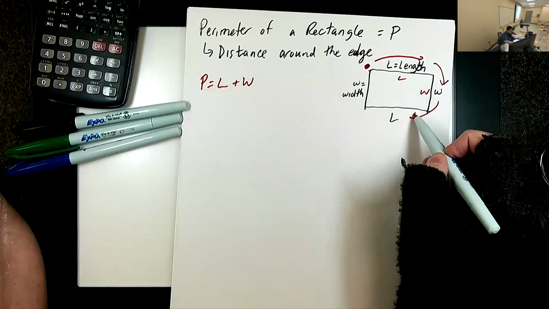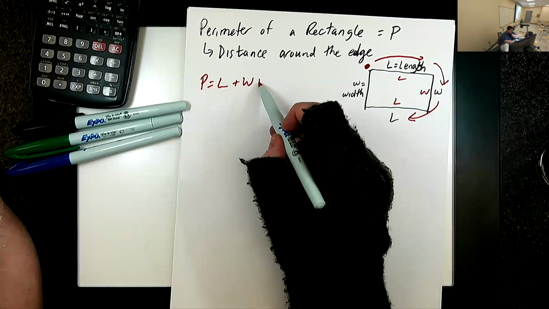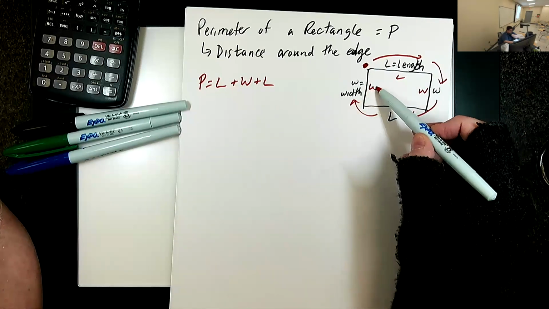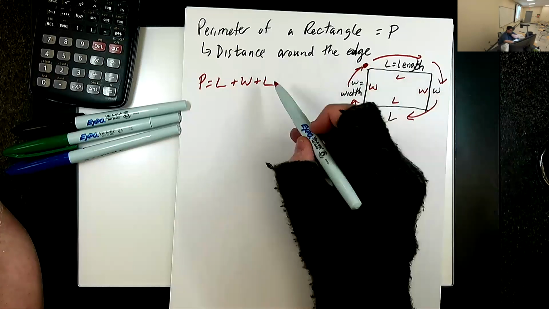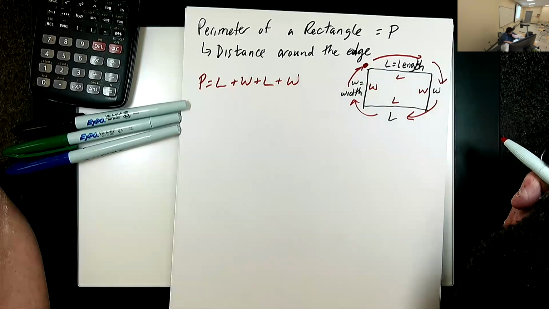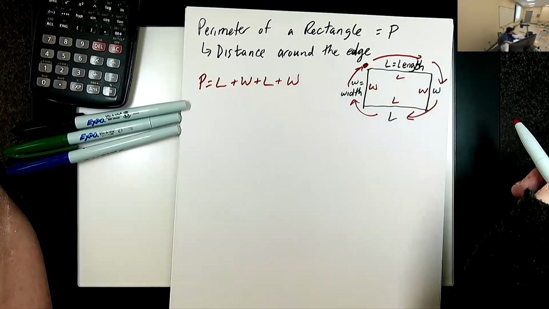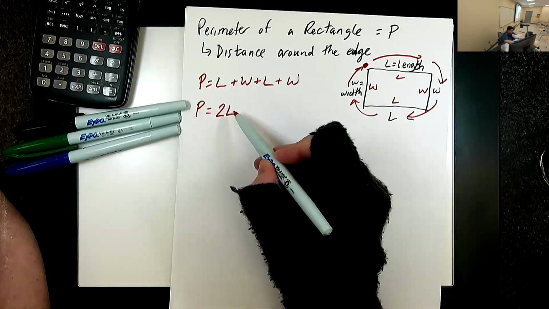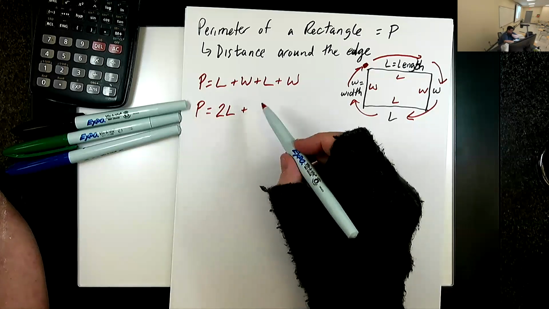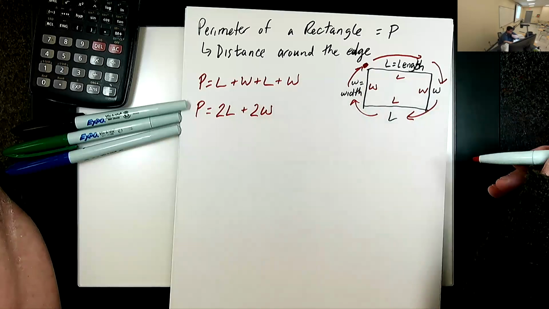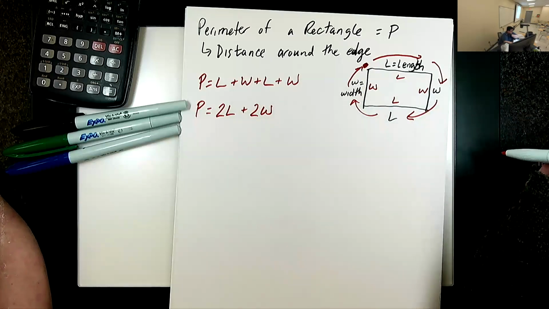We keep going around, add this L in, and we got another W to add before we get back to where we started. If I add the L's together, I have two L's, and there are two W's. So that's the equation for the perimeter of a rectangle.